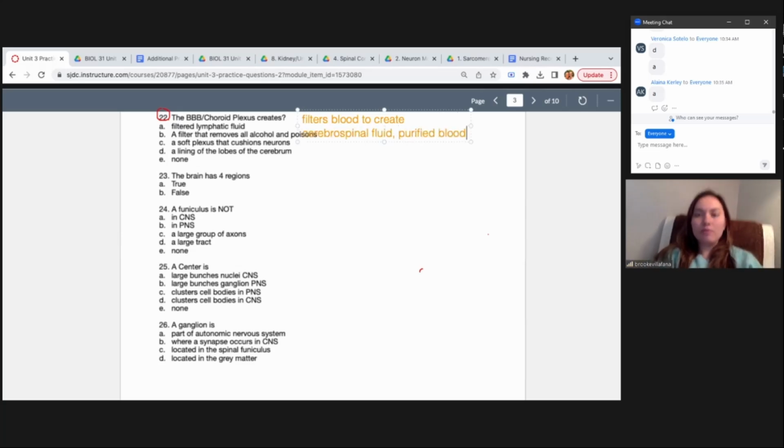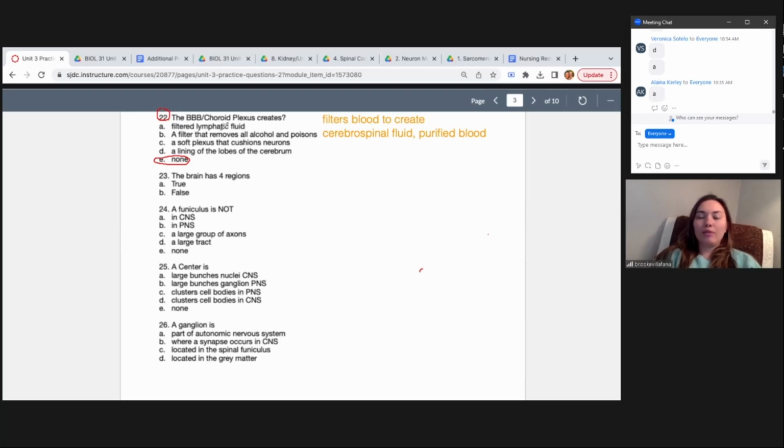So it doesn't filter lymphatic fluid, right? It's filtering blood. So the answer here, I believe, is E, because it does not create filtered lymphatic fluid. It does not remove all alcohol and poisons.